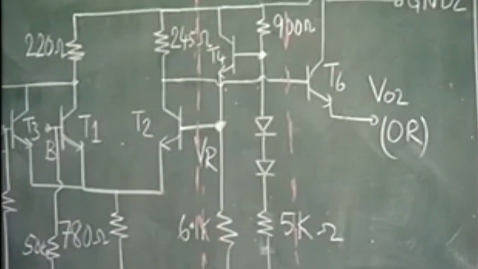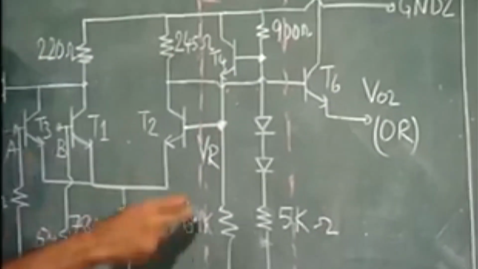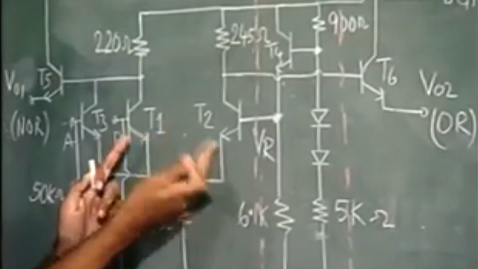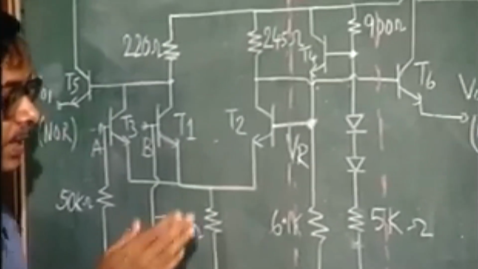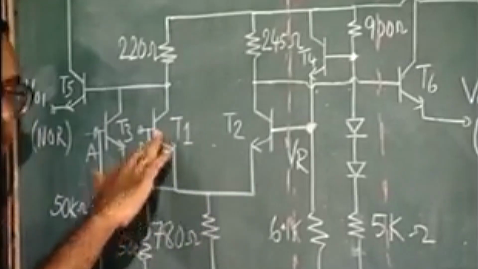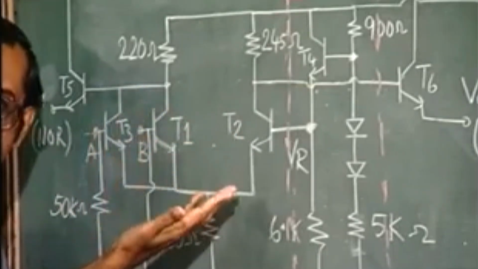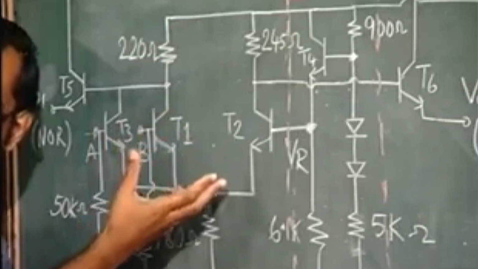The reason for that is like this. If you look at this part of the circuit, for example T1 and T2, when the input changes, the current may switch from one branch to the other, but the total current remains more or less fixed.